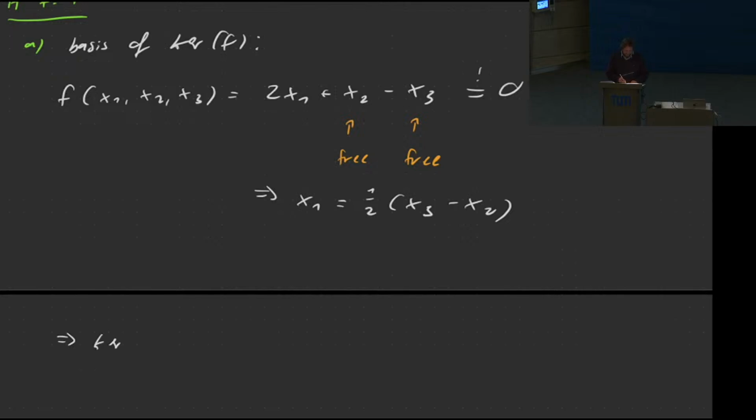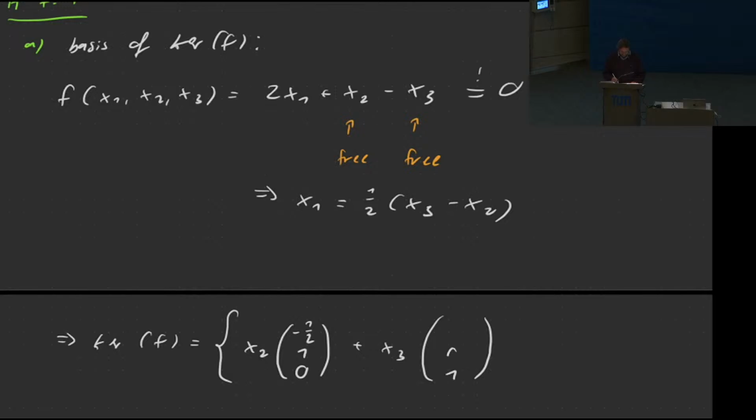And that means I could express the kernel of f as, well, let's see, I have 2 free variables, so I'll have a combination like this here. For x2, I have minus 1/2 x2 in here. x2 is, of course, itself, and there's no x3 in there. Here's the x3 and no x2. And here we have 1/2 x3 for the first coordinate.